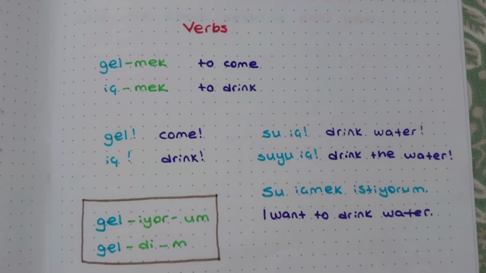If no particles are added, then you actually get the imperative form of orders. Gelmek, içmek. Gel, iç. Su iç, suyu iç. Su içmek istiyorum.